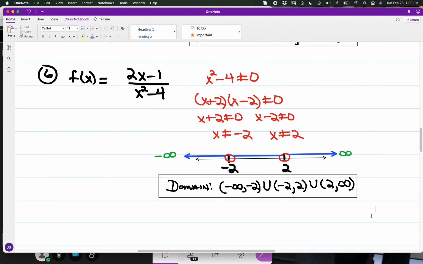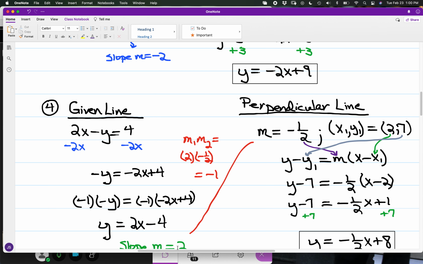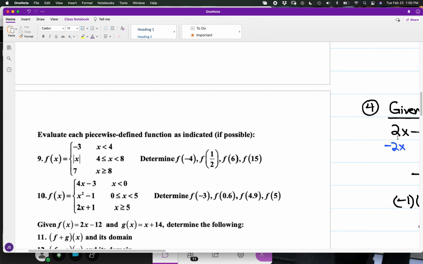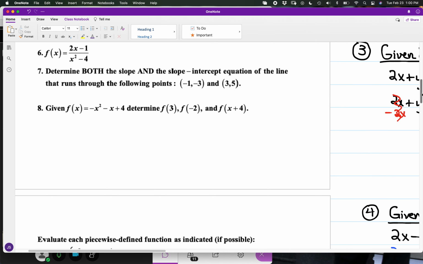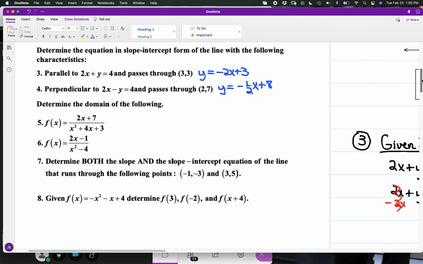Now, for the next portion, we're looking at determining the slope-intercept equation of a line that passes through 2 specified points. So you're looking at the slope and the slope-intercept equation of the line that runs through these two ordered pairs.